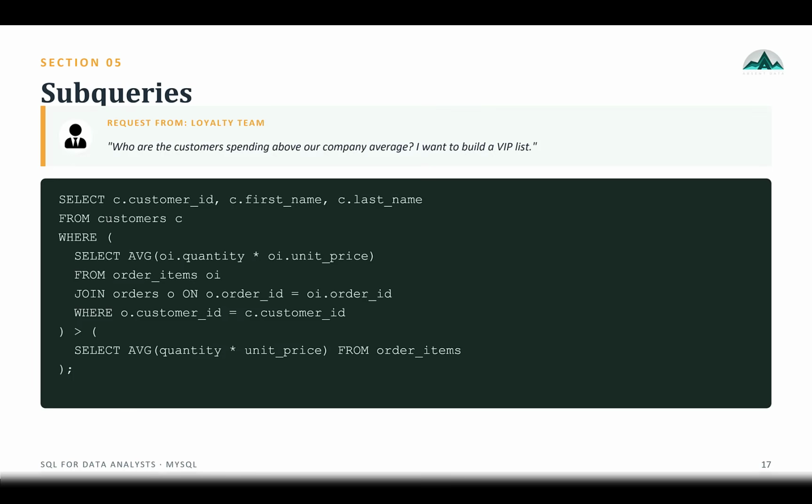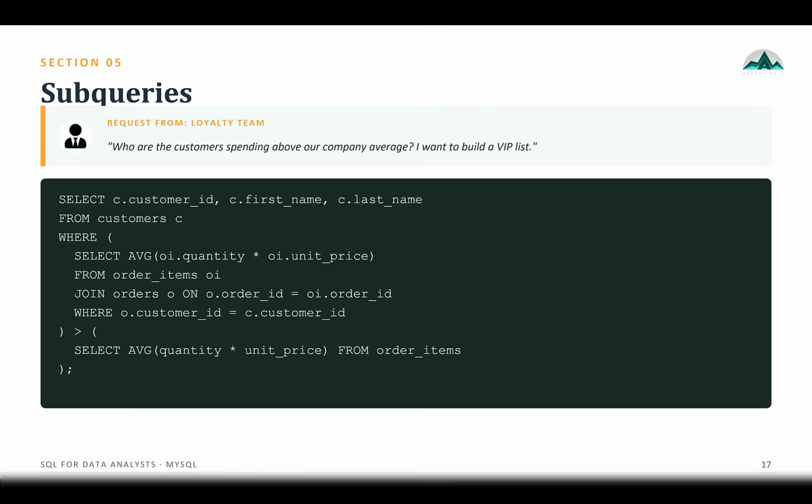So now we want to select from where we have an average revenue, because we can see it's the quantity times the unit price from order items that are greater than the overall revenue.